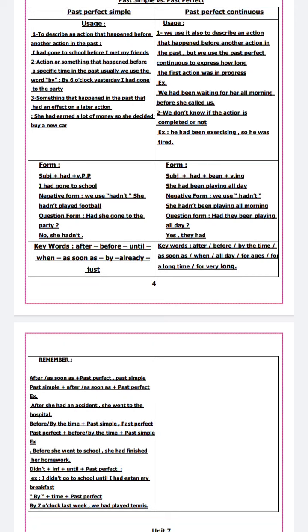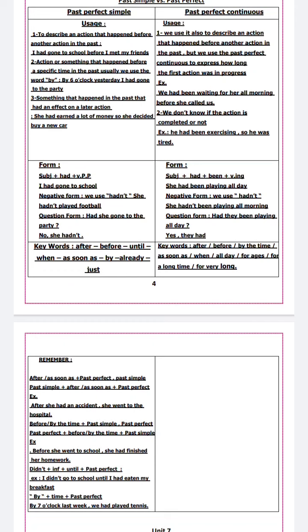Number three, something that happened in the past that had an effect on a later action. It means that the first action I did had an effect on the second action.